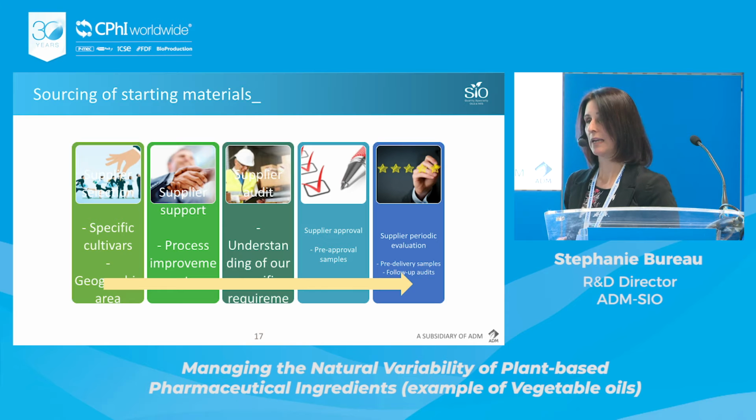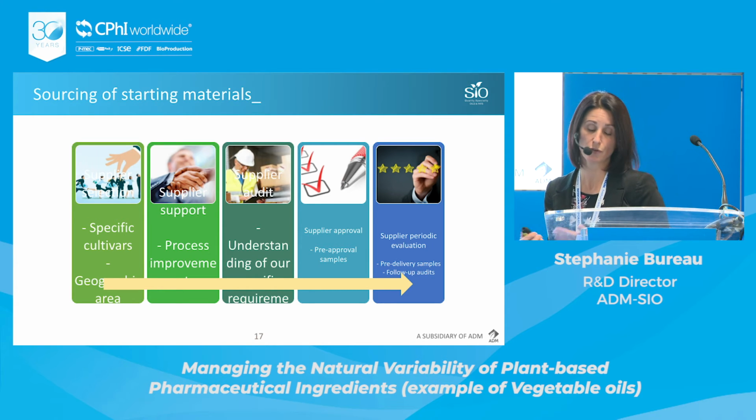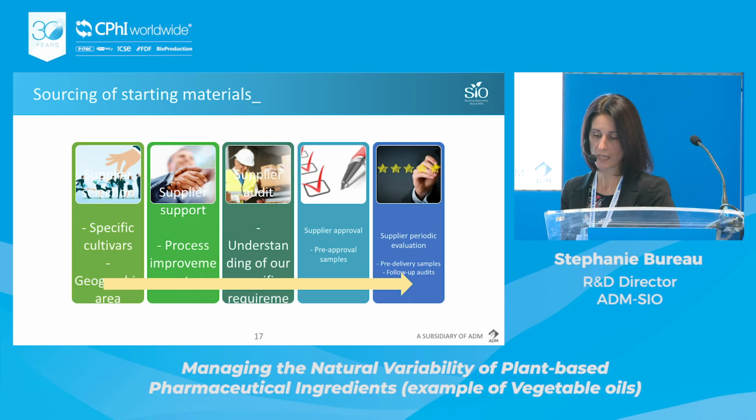It can also be a supplier working with dedicated lines to avoid cross-contamination. And we also work in close relationship with our suppliers to help them improve their process, to avoid oil damage and guarantee the high-level quality of our pharmaceutical ingredients.